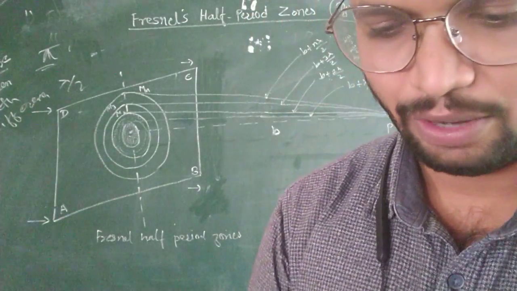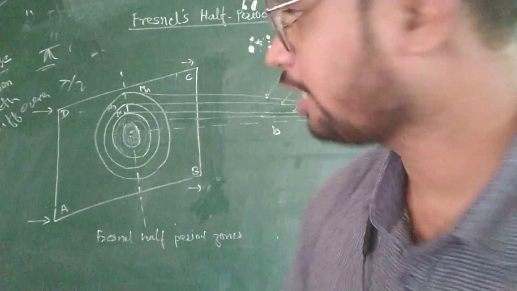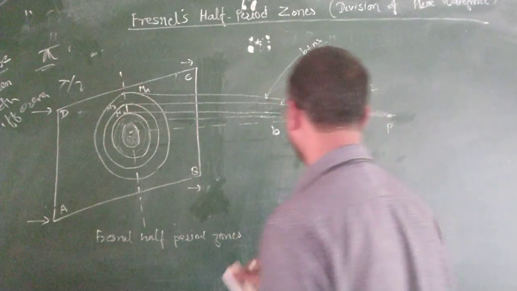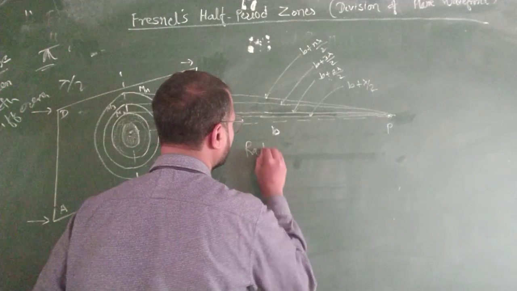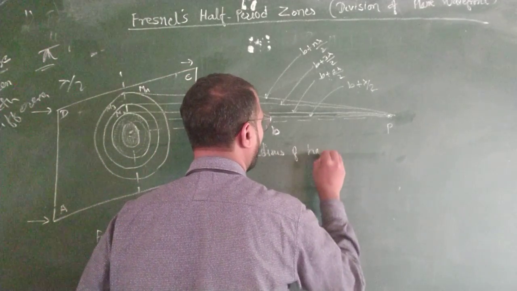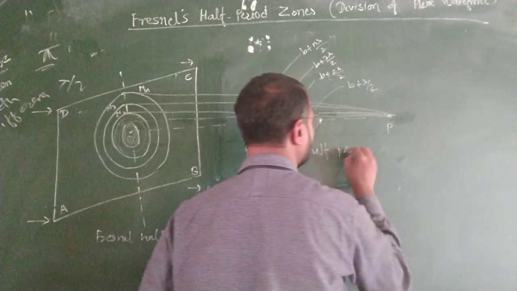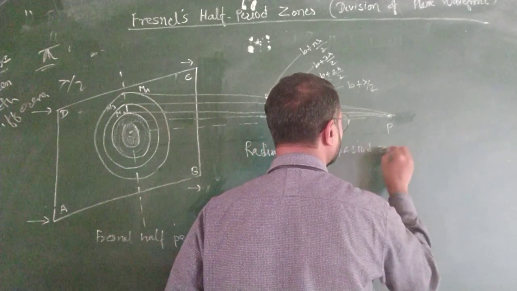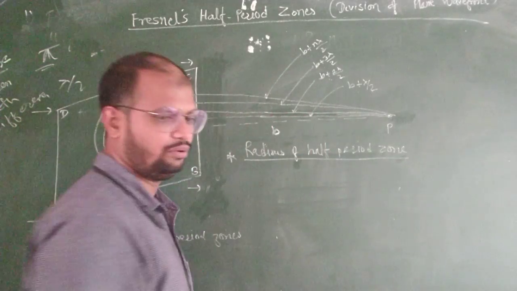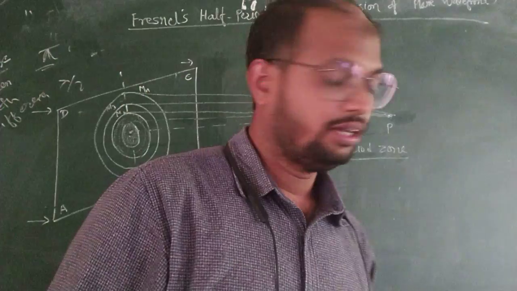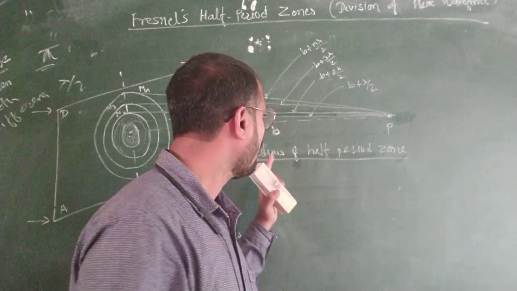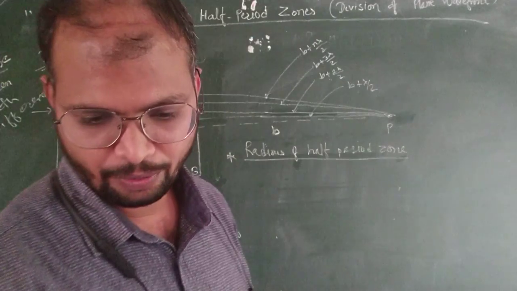Now we calculate the expression for the radius of the half period zone.